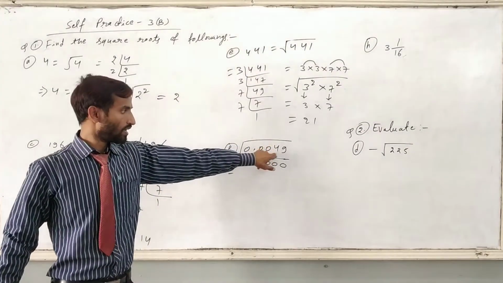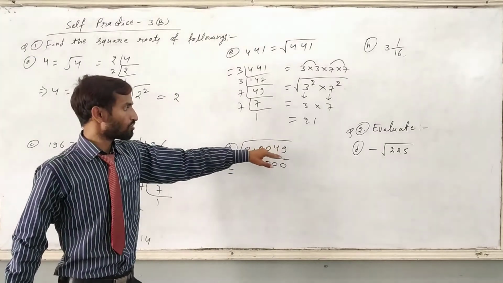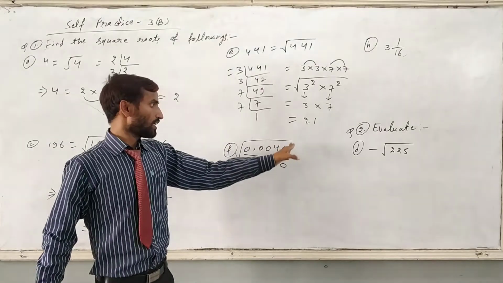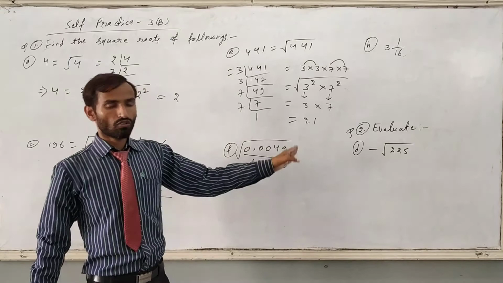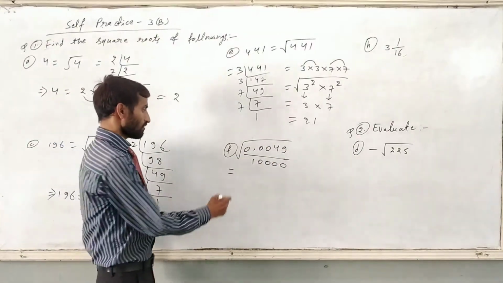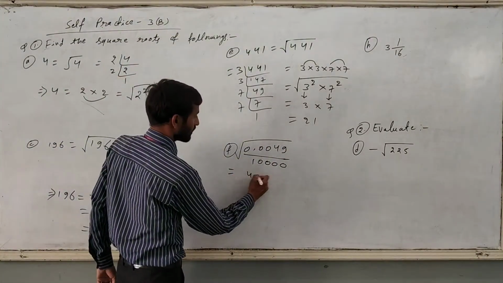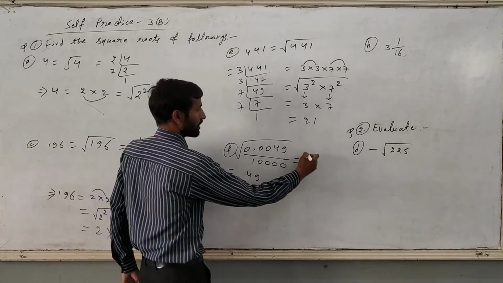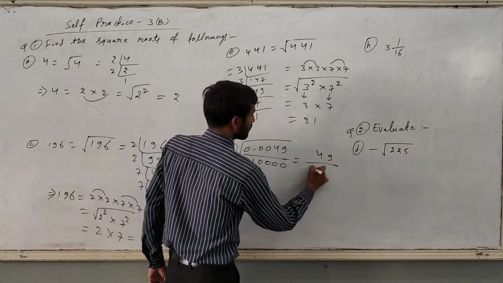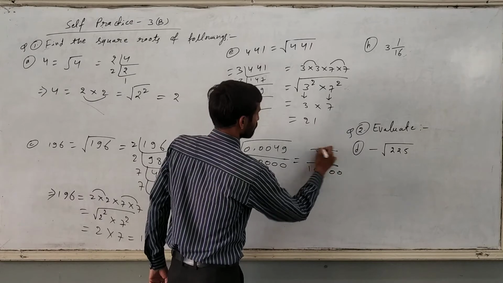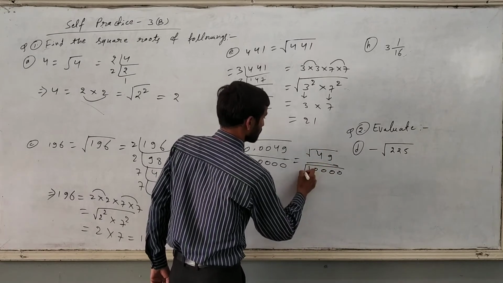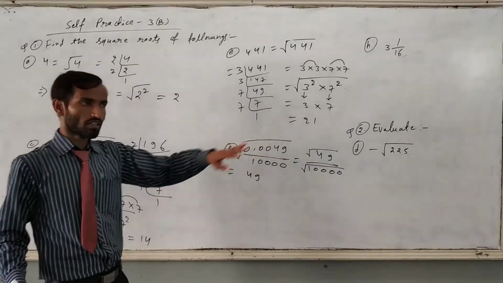This is the numerator and this one is the denominator. Now we have to find the square root of both separately, 49 upon 10,000.